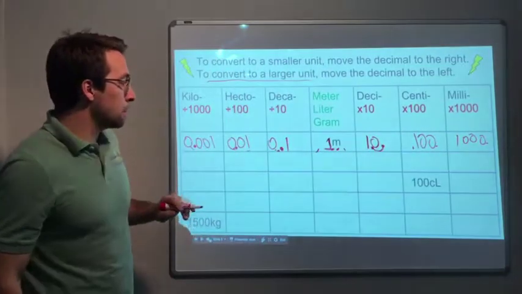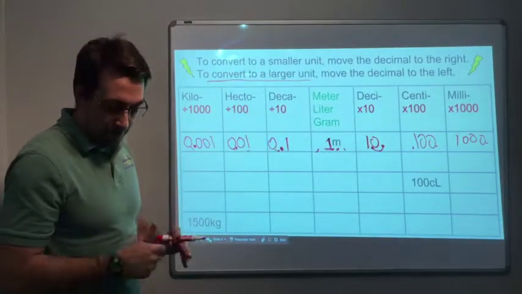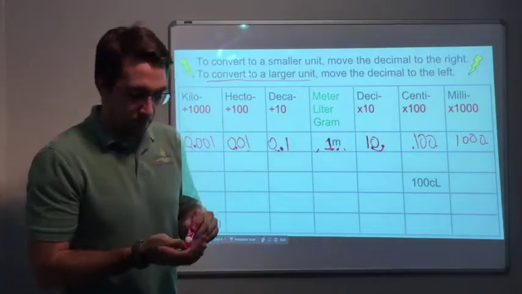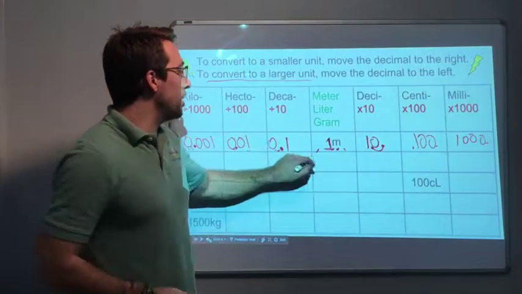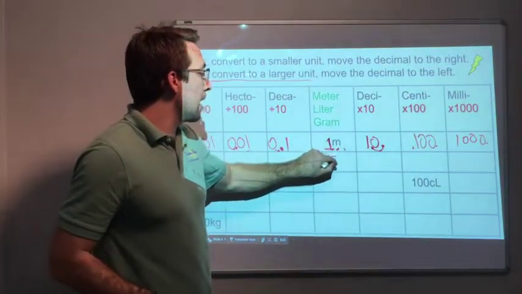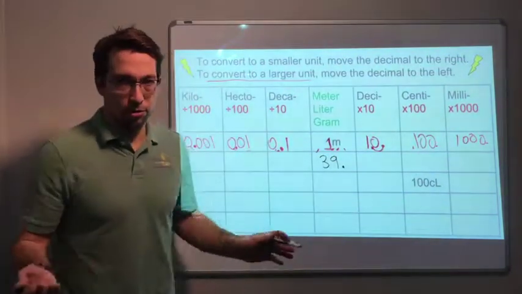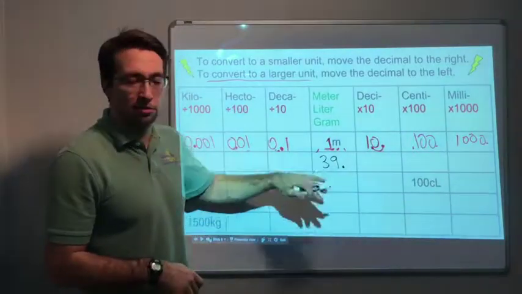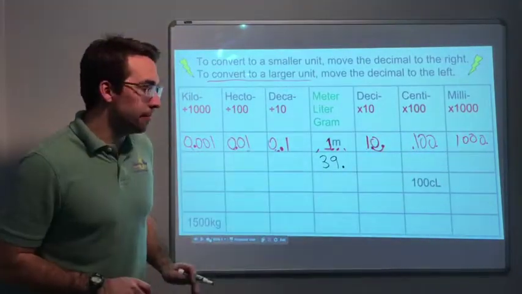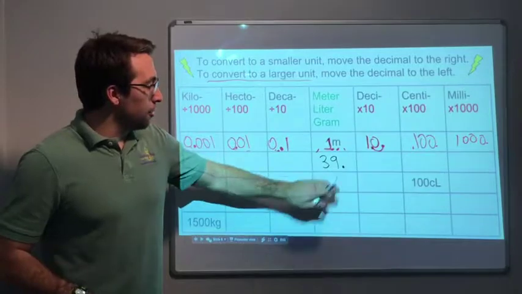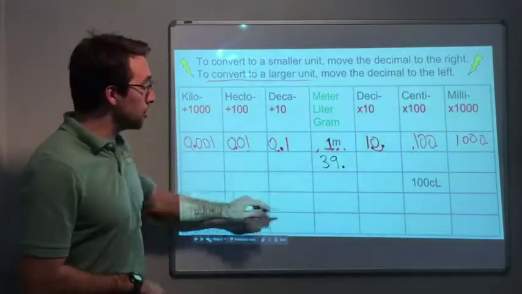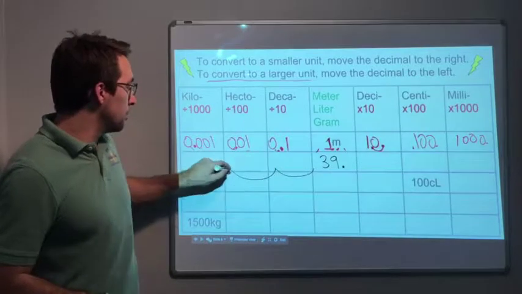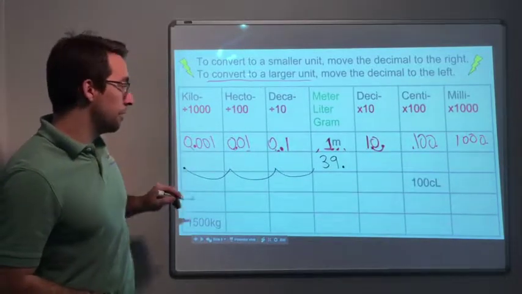Okay, let's say that we have 39 meters. And we'll stick with 39, right? Just 39. If we have 39 meters and we're going to go back to kilometers, that's 3 places. 1, 2, 3, right?